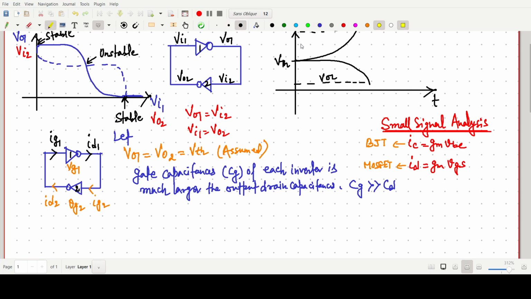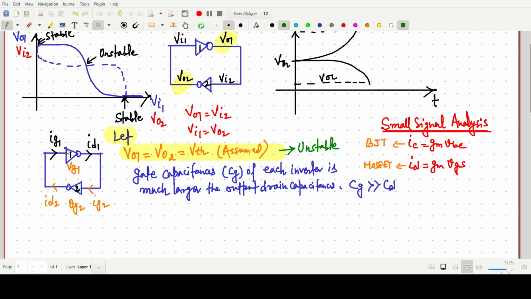What we have assumed is that the outputs V naught 1 and V naught 2, which are shown here, are initially at VTH, which is basically the unstable point. We are also assuming that the gate capacitance of each inverter circuit has a much higher value than the output drain capacitance.